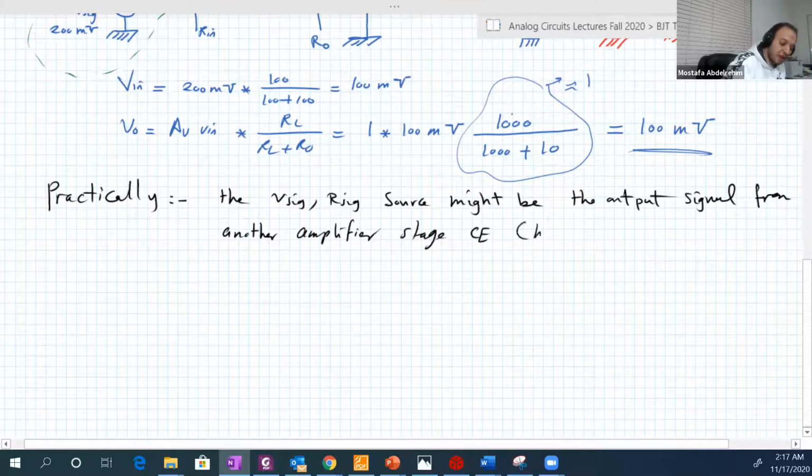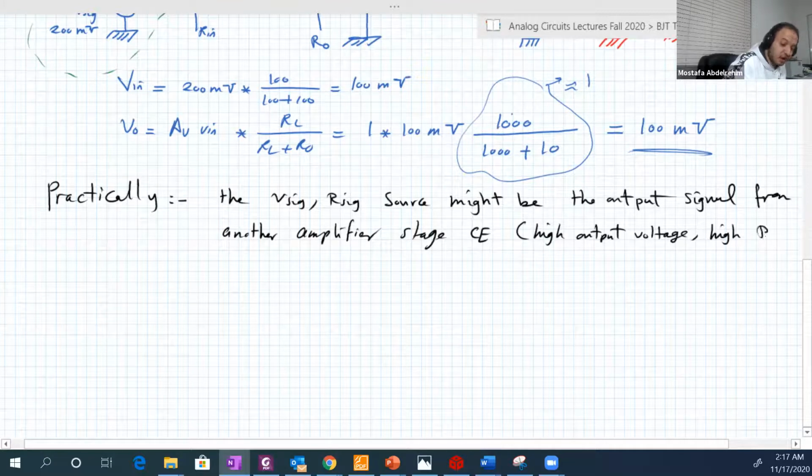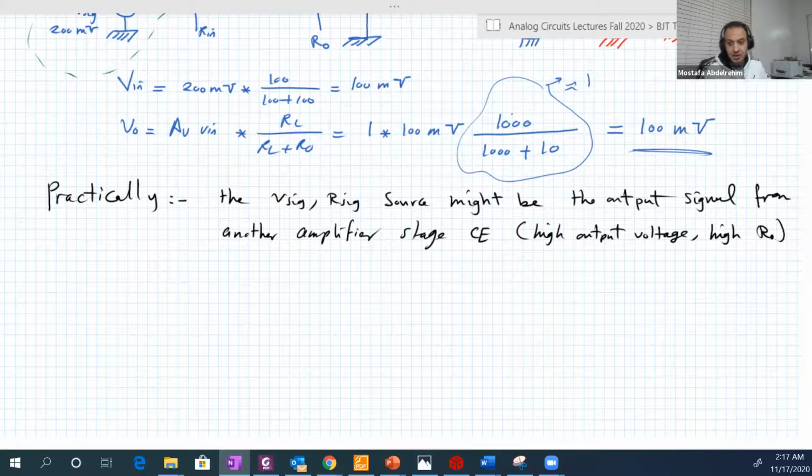So you have high output voltage, which is good, but high RO, which is bad. So most of the amplified voltage will not go to the load. That's why we put the common collector.